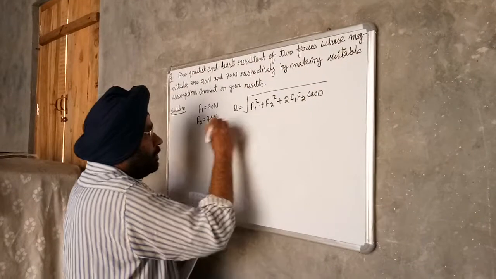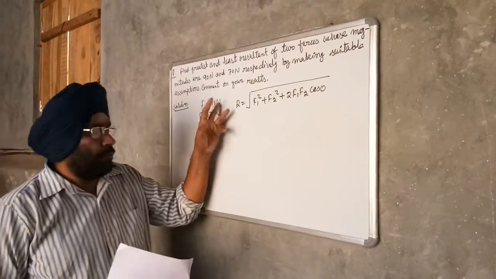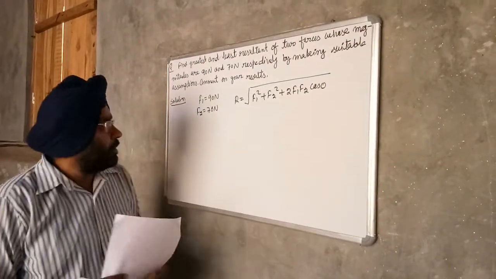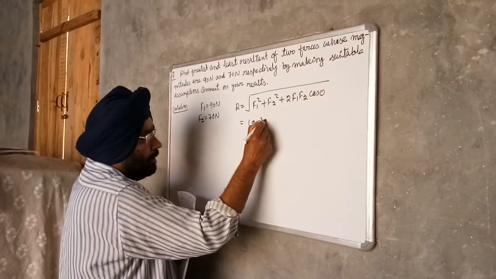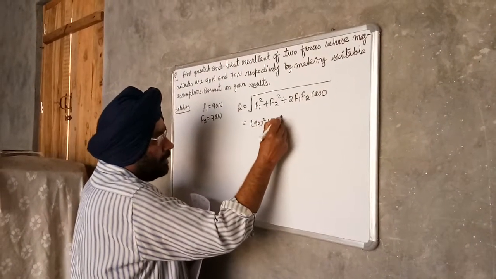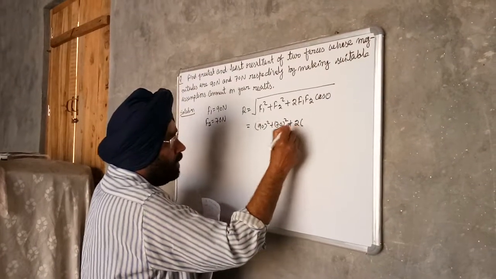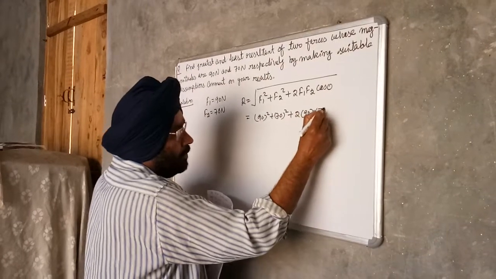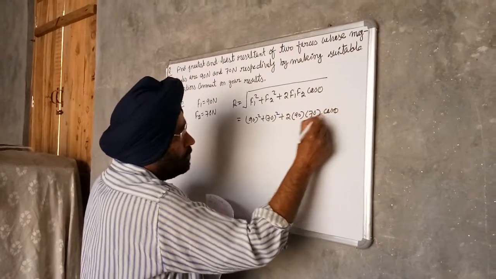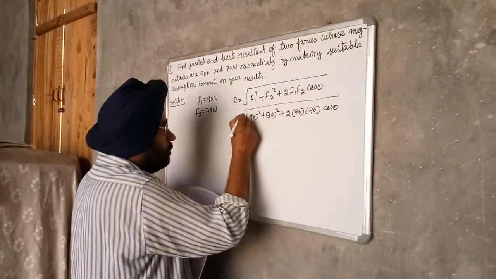Putting the values of F1 and F2 in this equation, we get the square root of 90 square plus 70 square plus 2 times 90 Newton times 70 Newton cos theta.